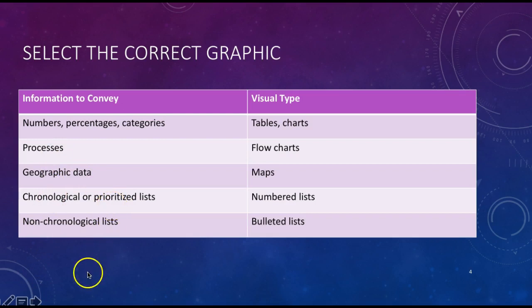If you want to talk about numbers and percentages, tables and charts are good. If it's a process, then you probably want to use a flow chart. Geographical data, you would make a map. Chronological or prioritized lists would be numbered, and then non-chronological would probably be bulleted.